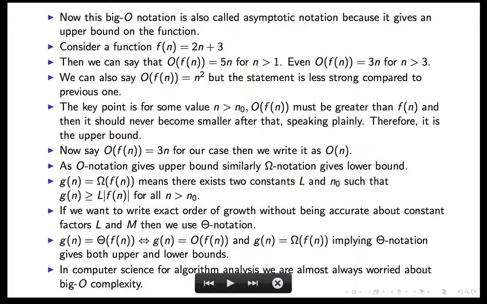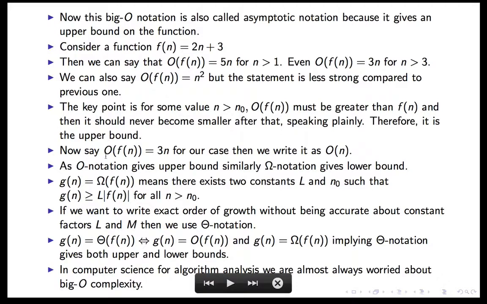So what I have written as the next point over here is that big O of f(n) must be greater than f(n), and it should never become smaller after that, that is, after n is equal to n0. So it is the upper bound. Okay.